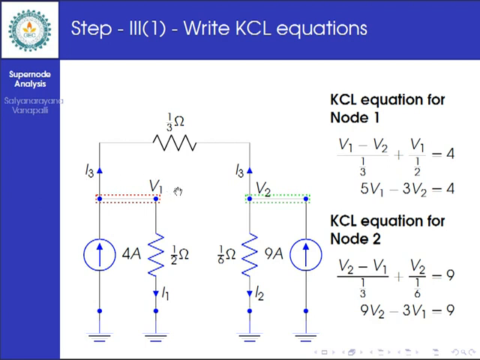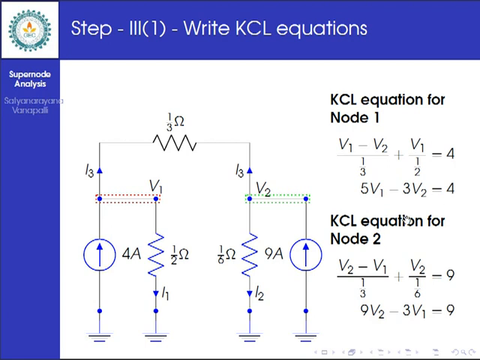So I1 is equal to V1 by 1 by 2, I3 is equal to V1 minus V2 by 1 by 3. So V1 minus V2 by 1 by 3 plus V1 by 1 by 2 is equal to 4. After simplification, this is equal to 5V1 minus 3V2 is equal to 4.